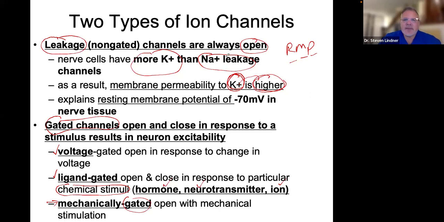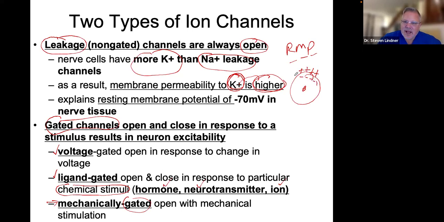And what ends up happening when potassium is leaking out more than sodium can rush in, it creates this unequal type of membrane potential of what's outside of a cell compared to what's inside of a cell.